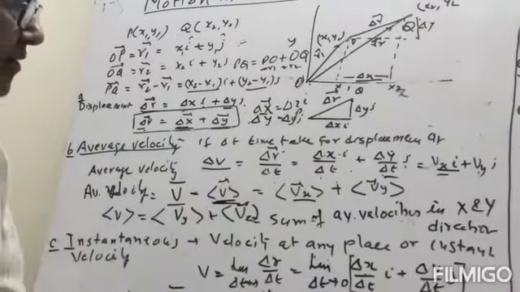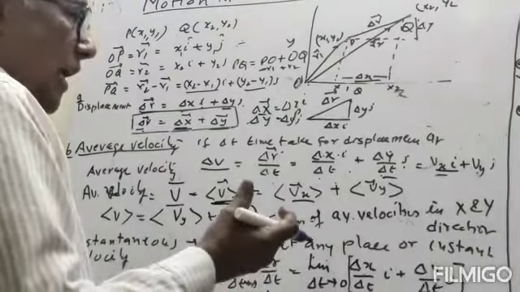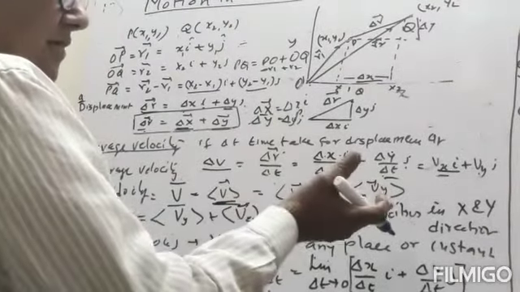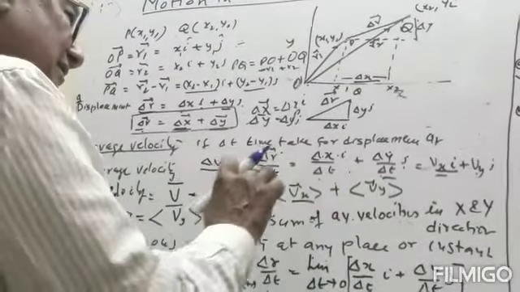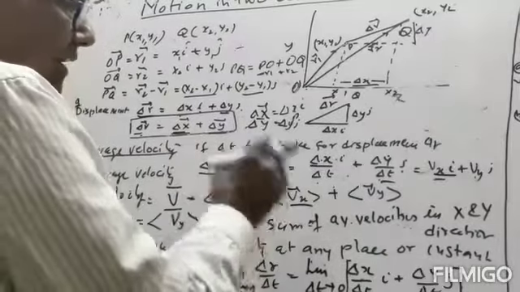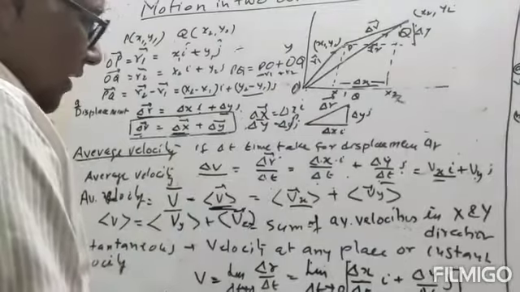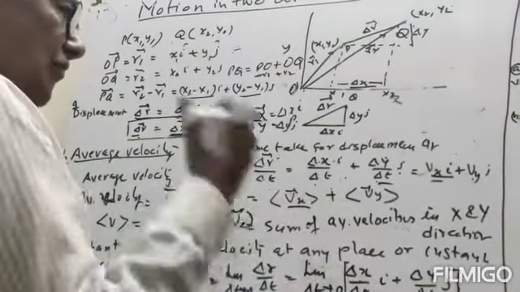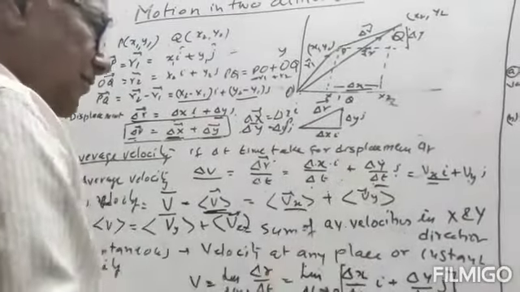So in two dimensions, we will have to sum them. The average velocity will be the sum of the average velocities in the x direction and the y direction.